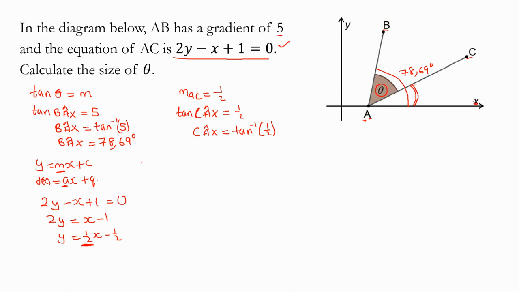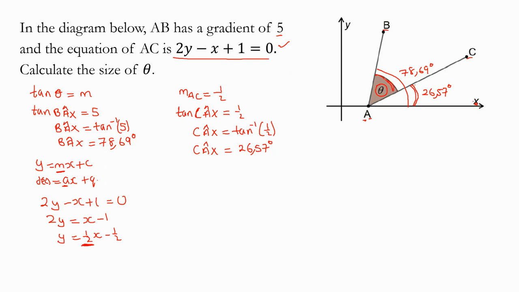What do we get? Angle CAX is equal to 26.57 degrees. So this smaller angle here is 26.57 degrees.